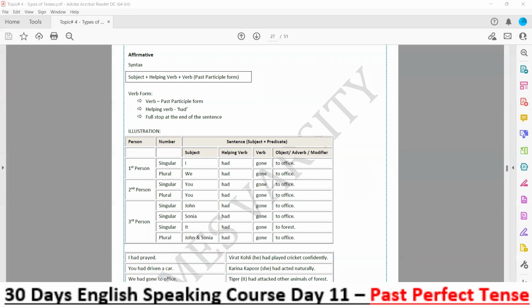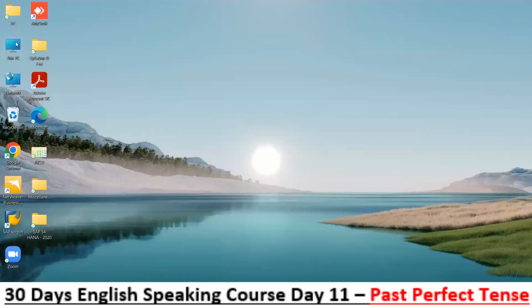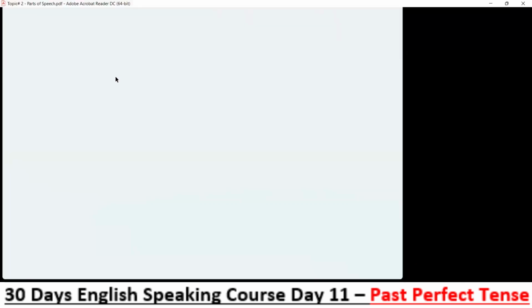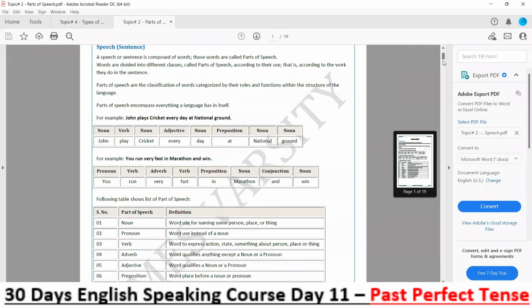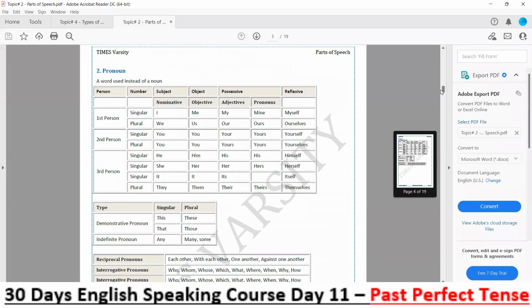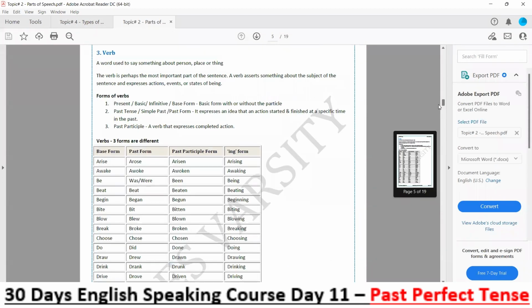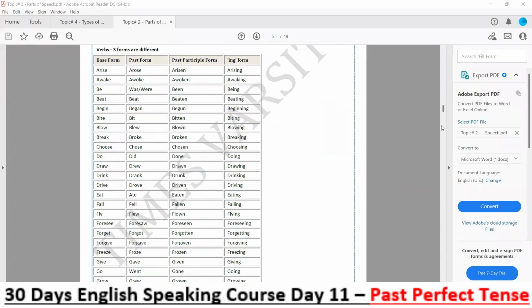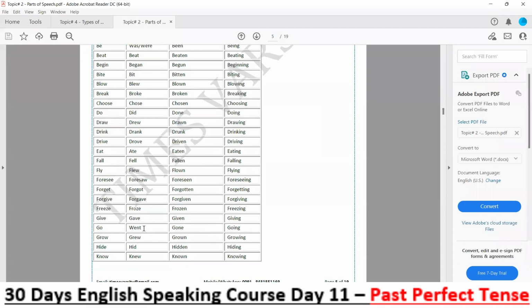So if we look at the verb list, among the parts of speech we have verb. The first form of the verb is go, the second form is went, and the third form is gone.